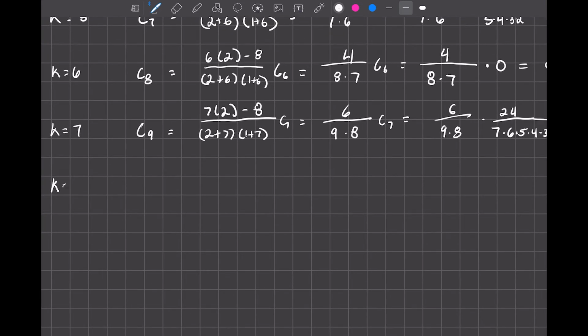And I'll do one last one for K equals 8, C sub 10, and plug in the numbers.